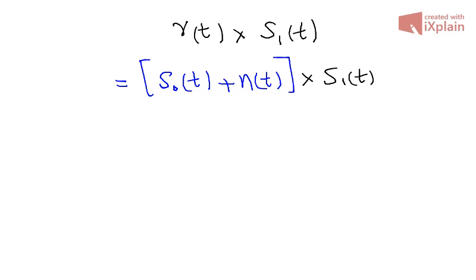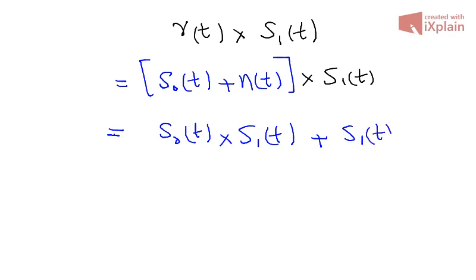So the product is S0 of t multiplied by S1 of t plus S1 of t multiplied by the noise.